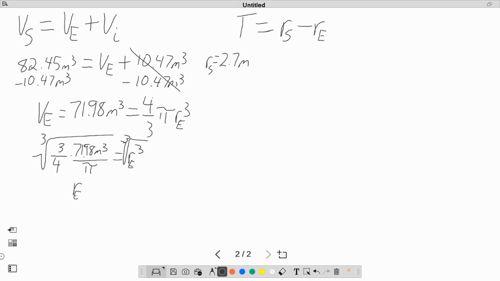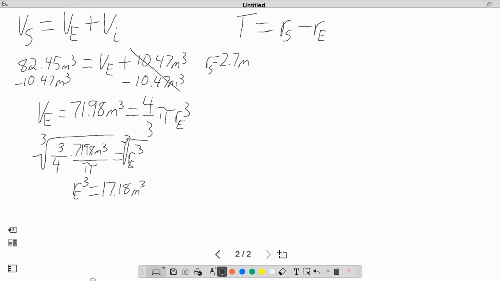Okay, so the thing you have to take the cubic root of, r cubed, ends up being about 17.18 meters cubed.